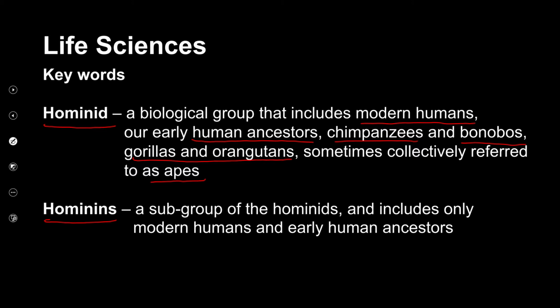If you can see the spelling of the word, hominid has a D at the end, whereas hominin has an N. Hominin is a subgroup of the hominids, a smaller group that includes only modern humans and early human ancestors. So when we include apes in the group, we use the word hominid. When we exclude apes from the group, we use the term hominins.